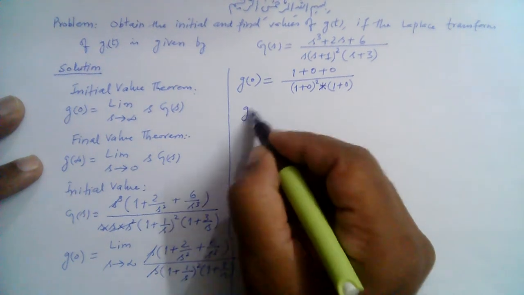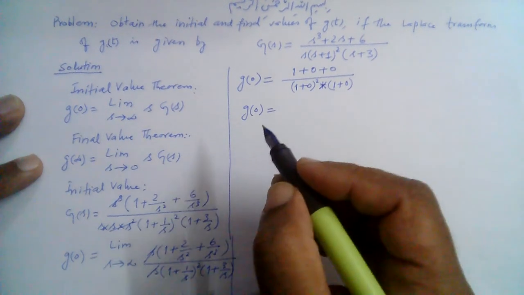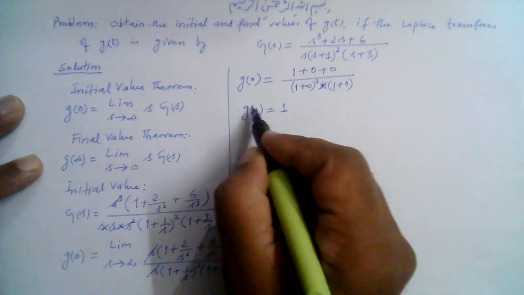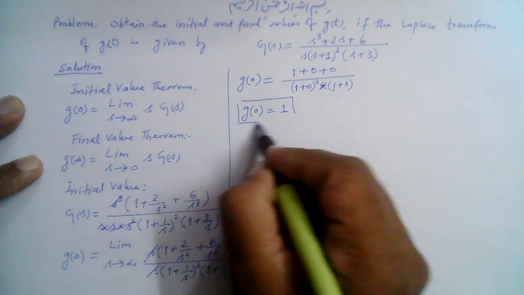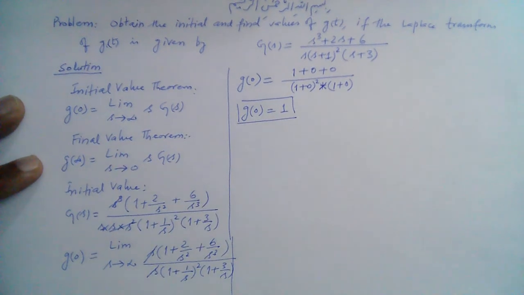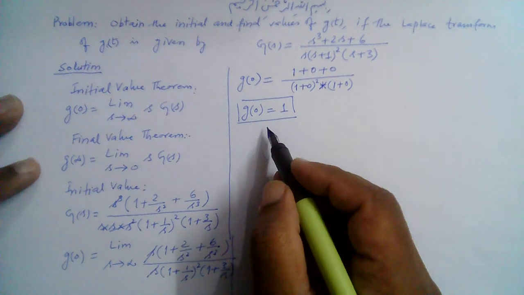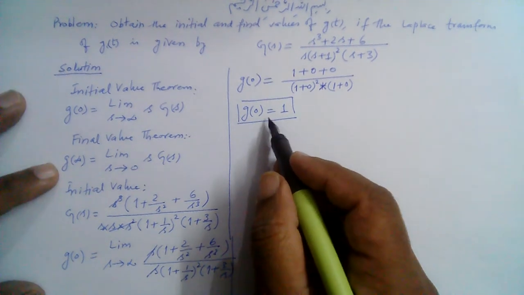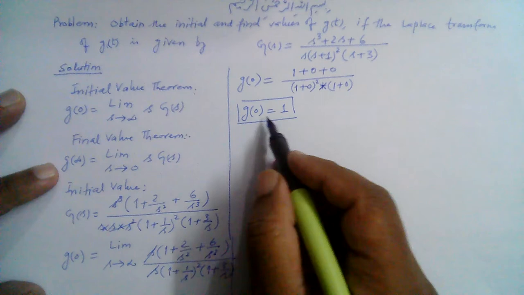So g of 0 is basically 1. So from the initial value theorem we get the value at t is equal to 0: at t is equal to 0 the value is 1.